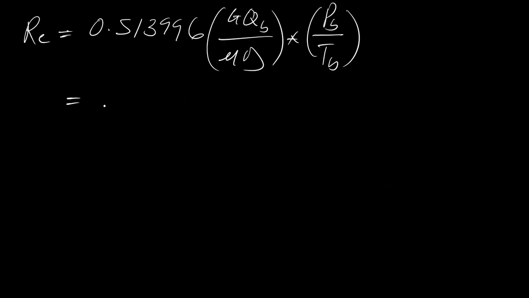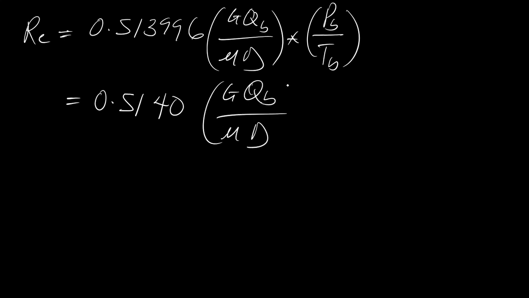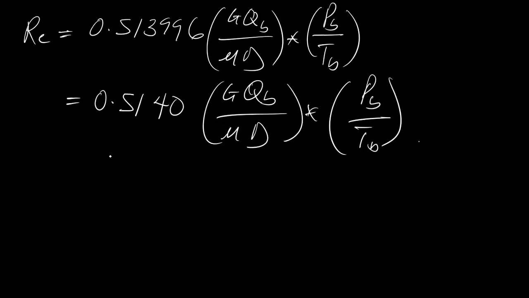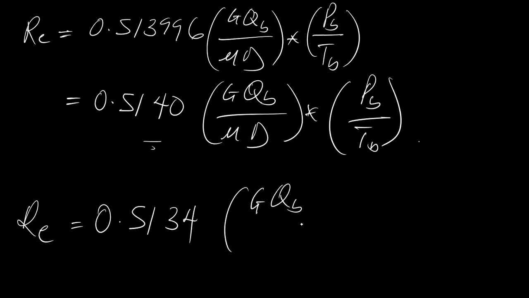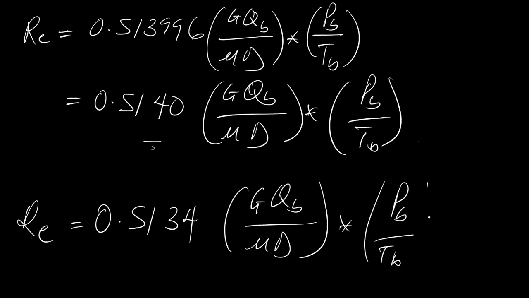What we got is 0.5140 times G QB divided by mu D, times PB all over TB. So this is our final answer. If you look at it, it's the same as 0.5134 GQB all over mu D times PB all over TB.